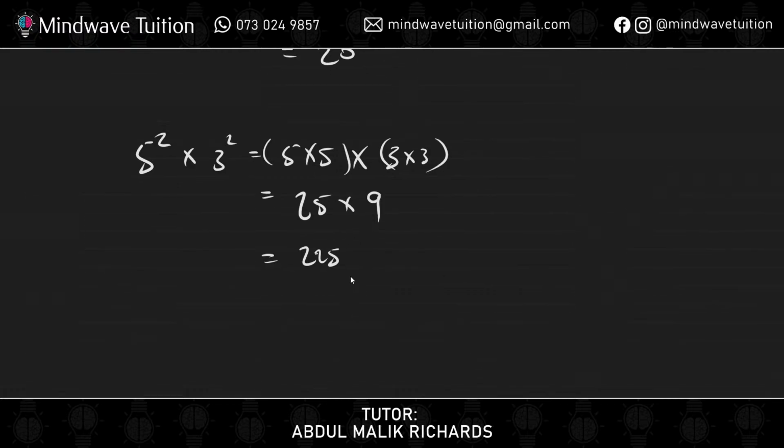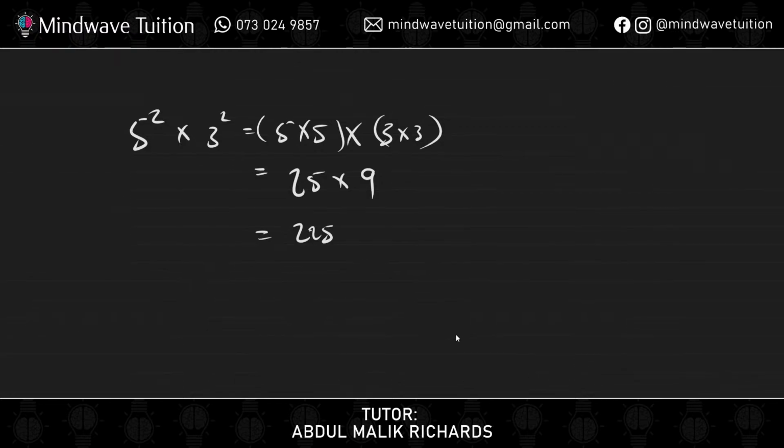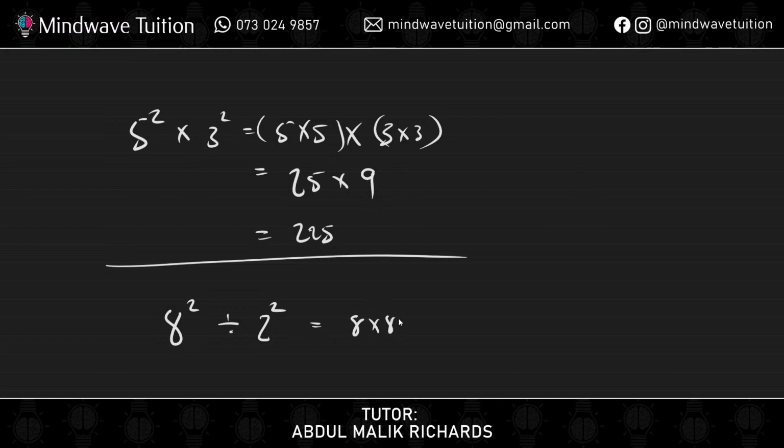And since we can add, subtract, and multiply, similarly we can also divide. So we can look at something like 8 squared divided by 2 squared. 8 squared is going to be 8 times 8, and 2 squared is 2 times 2.